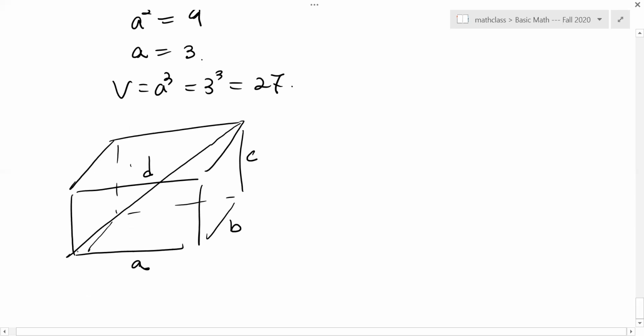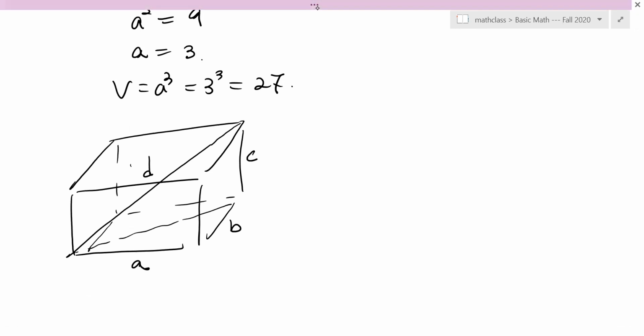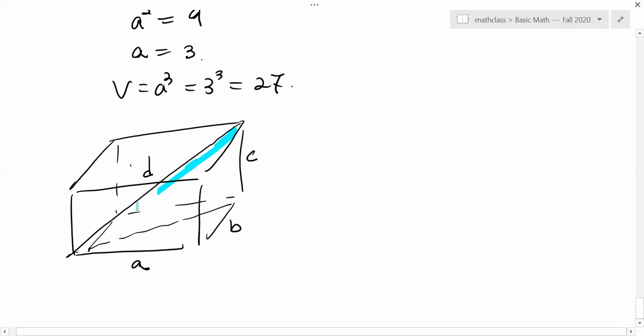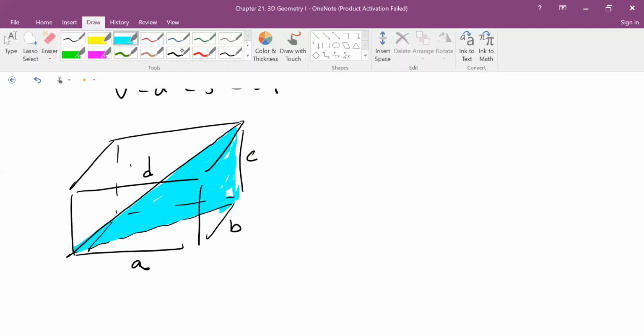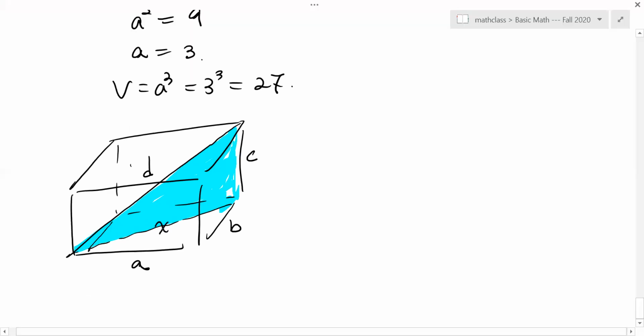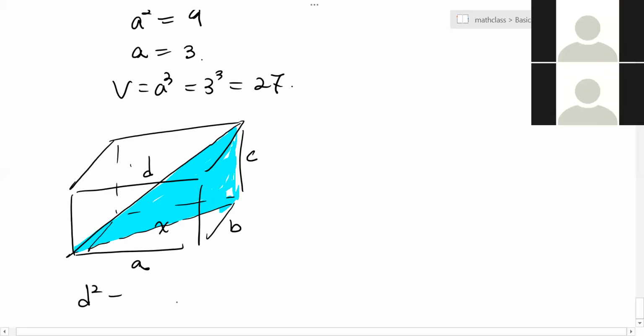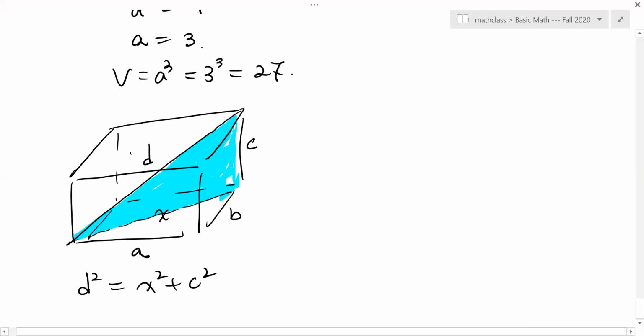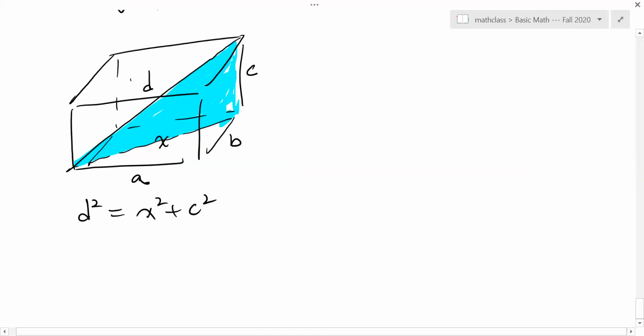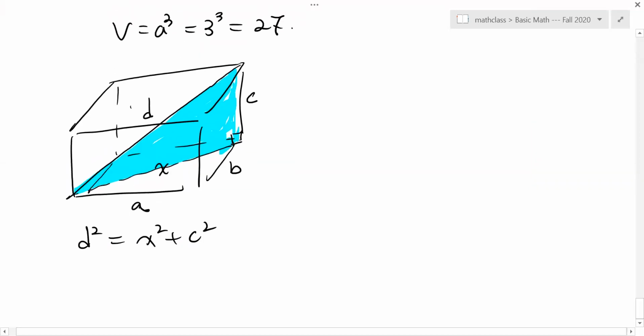All right, so what you do is you draw the line here, and there's a vertical right triangle. For this right triangle, this side is x, right? So what do you get? d squared equals x squared plus c squared. That's the Pythagorean theorem.